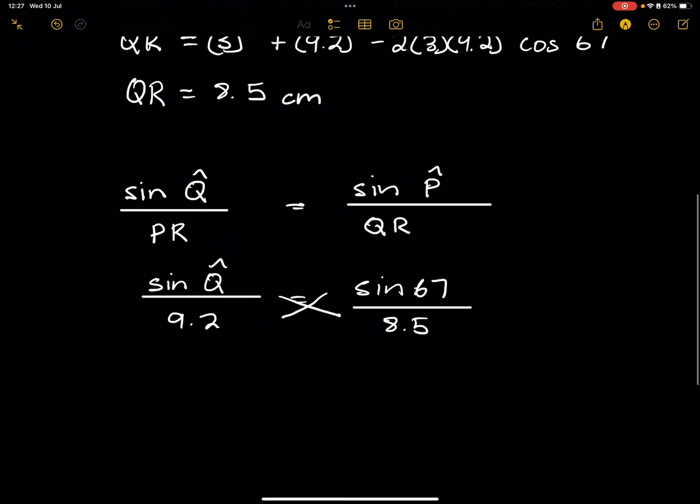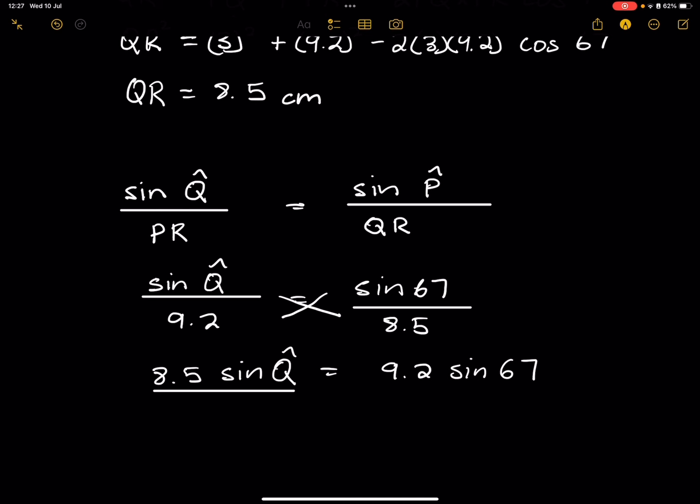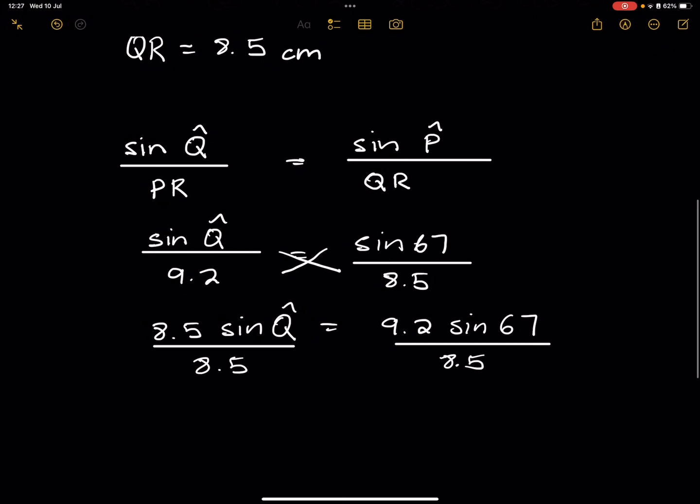If I cross multiply, I'll have 8.5 sine of Q equal to 9.2 sine of 67, and we can divide both sides by 8.5. So that cancels with that. So sine of Q, I keep writing theta there, is equal to that entire thing.